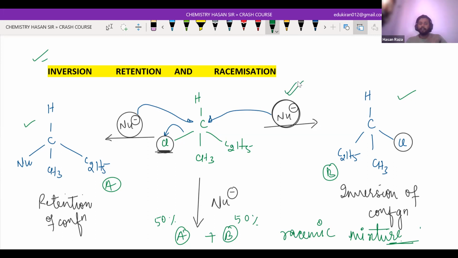That means if the reactant has a levorotatory, anti-clockwise configuration, the product will be dextrorotatory.